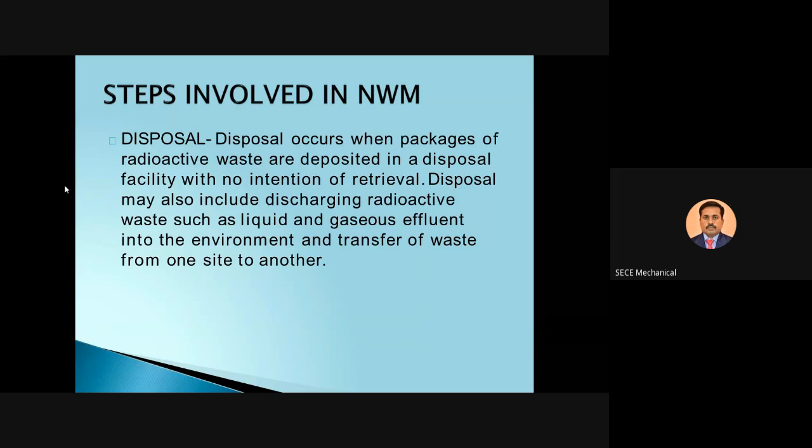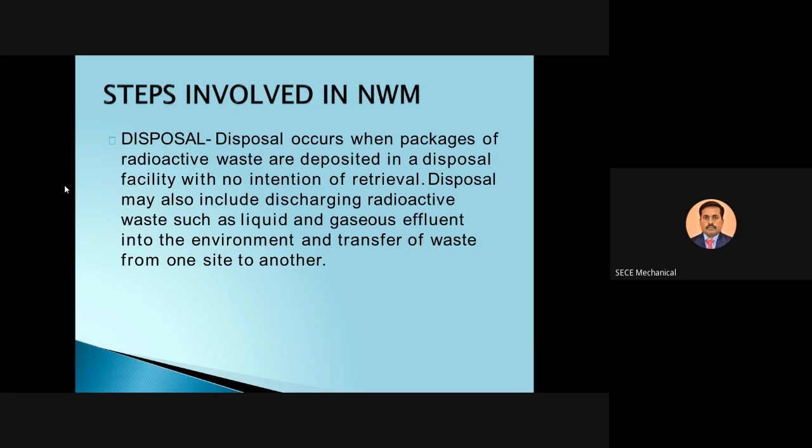Disposal may also include discharging radioactive waste, such as liquid and gaseous effluent, into the environment, and transferring the waste from one site to another. So with the help of some liquid or gaseous effluent method, we transport the nuclear waste from one point to another point.